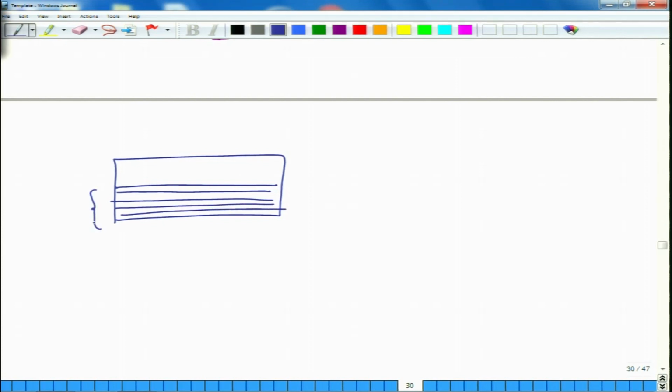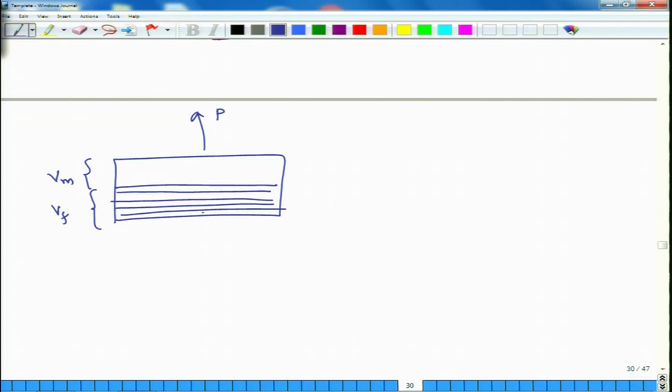This thickness corresponds to the volume fraction of the fiber and this thickness corresponds to the volume fraction of matrix material. So, when I am looking at it transversely, I am just collecting all the fibers on one side and the matrix on the other side, and I am subjecting it to load P. So, this is one way to get an idea of the value of ET.